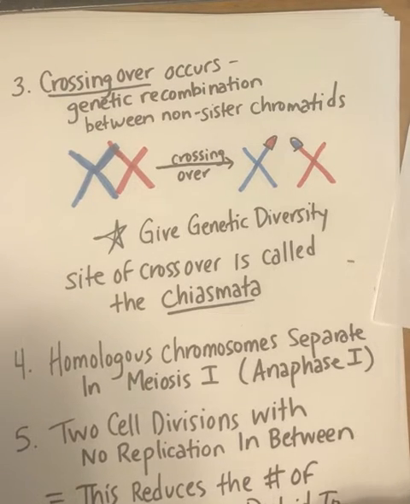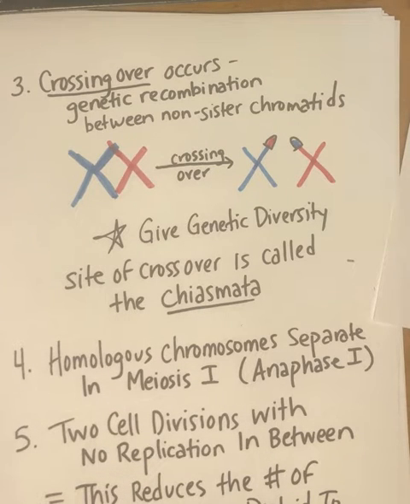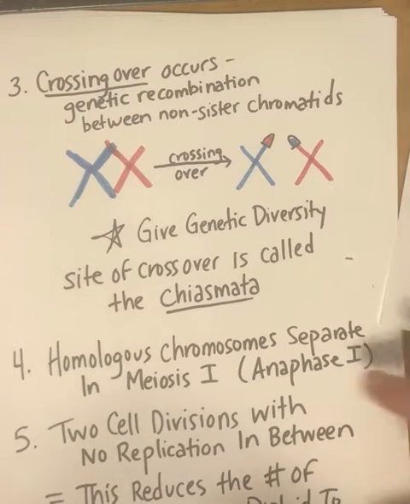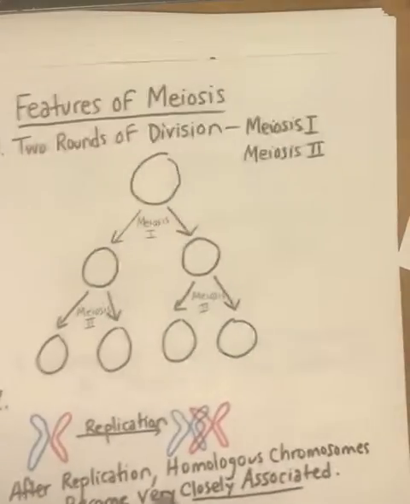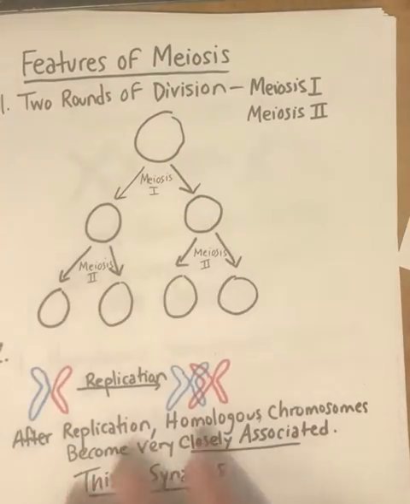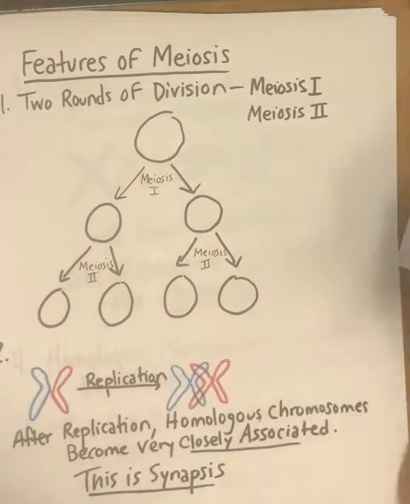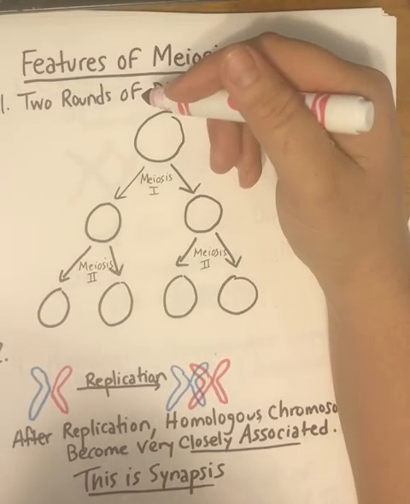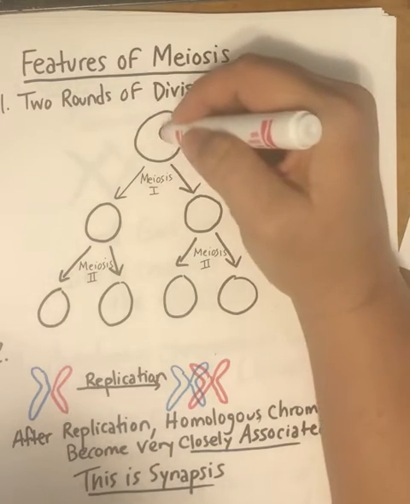Now, when we talk about diploid and haploid, remember that diploid means that you have 2 sets of chromosomes, one from mom, one from dad. Haploid means you have half. So I can draw out steps 4 and 5 in our features of meiosis. So, when we talk about meiosis 1, we're going to say replication has already occurred.